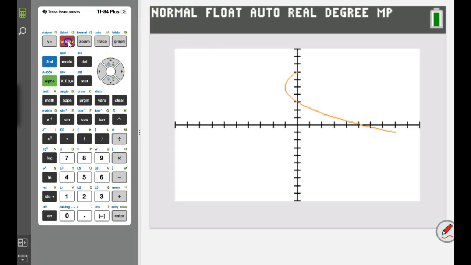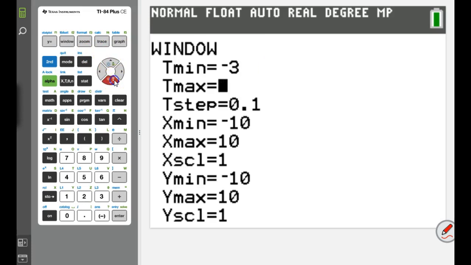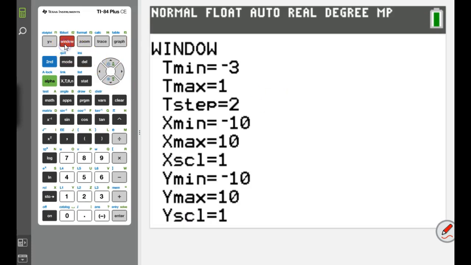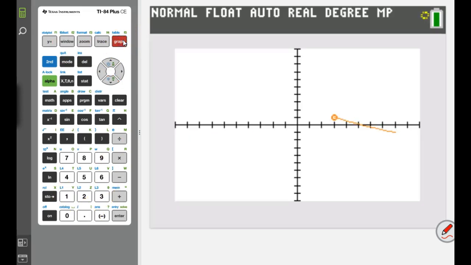Quick review. What happens if I make my t-step too big? Yeah, it only plots, like if I said to count by 2s, it would only plot a couple points. So it would go just a straight line because it only plotted 2 points. If I leave the t-step little, it's plotting 10 points for every value from here to here, so it makes a nice smooth curve.